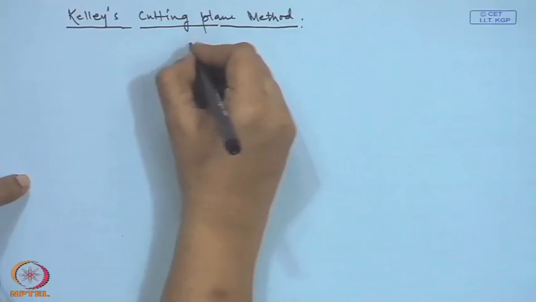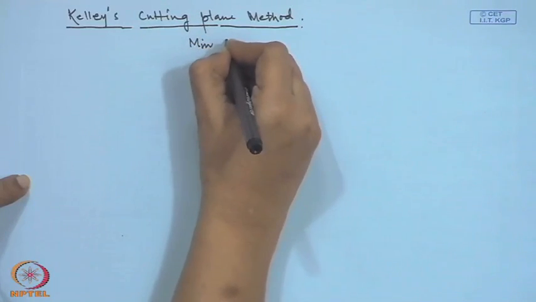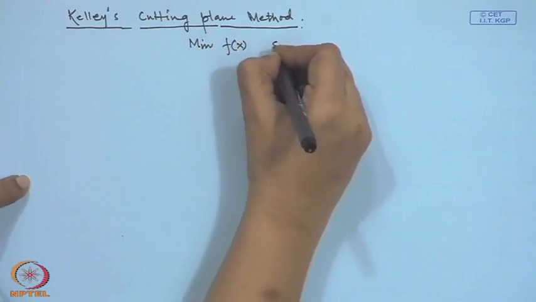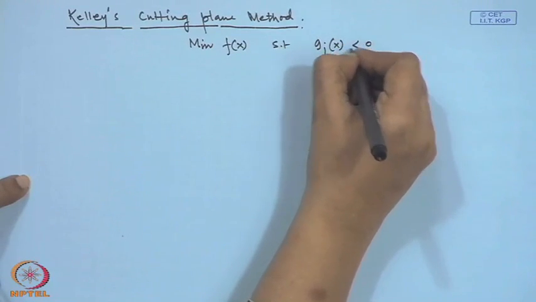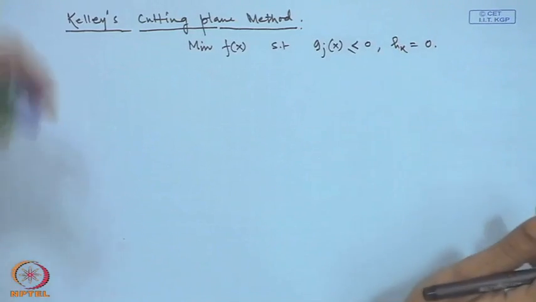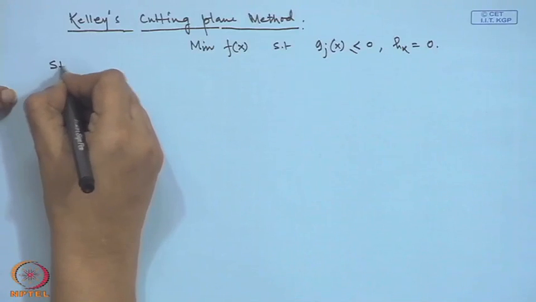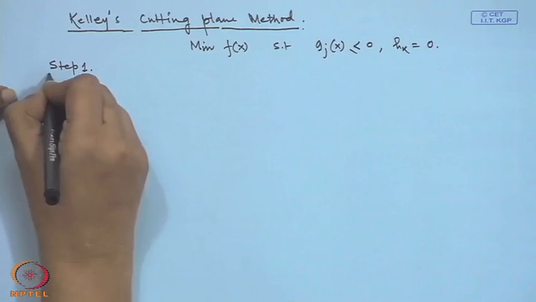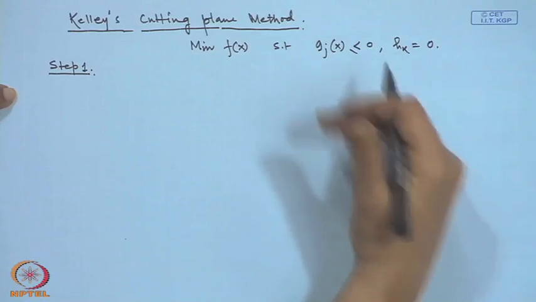That is the idea. Now, for this, let me consider a problem again: minimization of f(x) subject to g_j(x) less than or equal to 0 and h_k(x) equal to 0. Step 1: this is a sequential process.